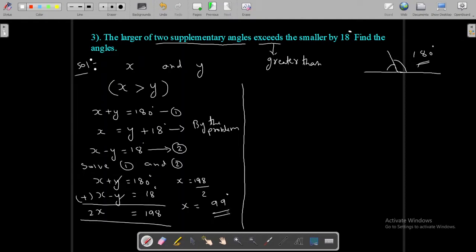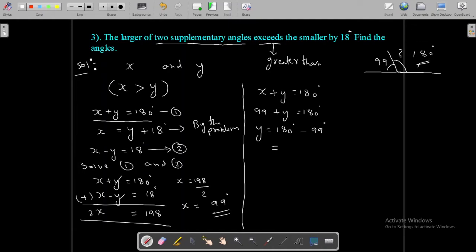I'll substitute this value in equation 1. So x plus y is equal to 180 degrees. x is 99, so 99 plus y is equal to 180 degrees. y is nothing but 180 degrees minus 99 degrees. So one angle is 99 degrees.